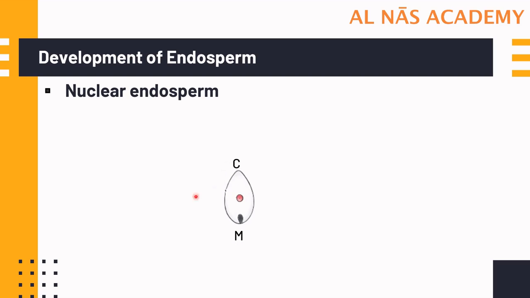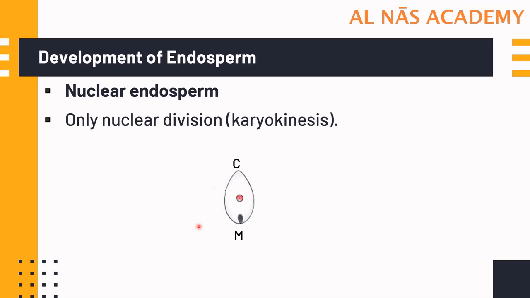This is the diagrammatic representation of the embryo sac post double fertilization. The embryo sac now contains the zygote and the primary endosperm nucleus, which eventually gets converted into the primary endosperm cell. The primary endosperm cell undergoes only nuclear division, or karyokinesis.